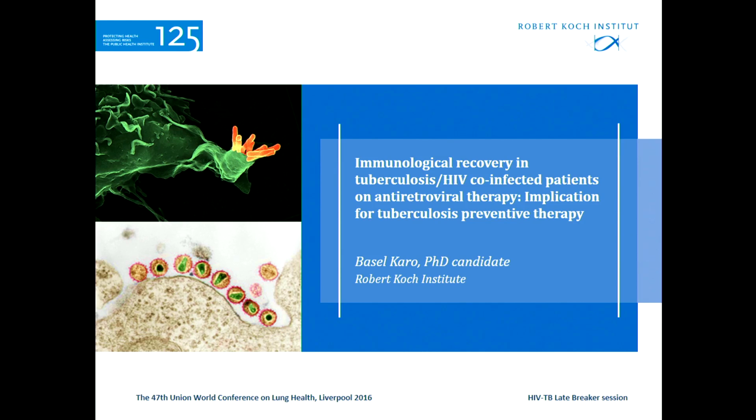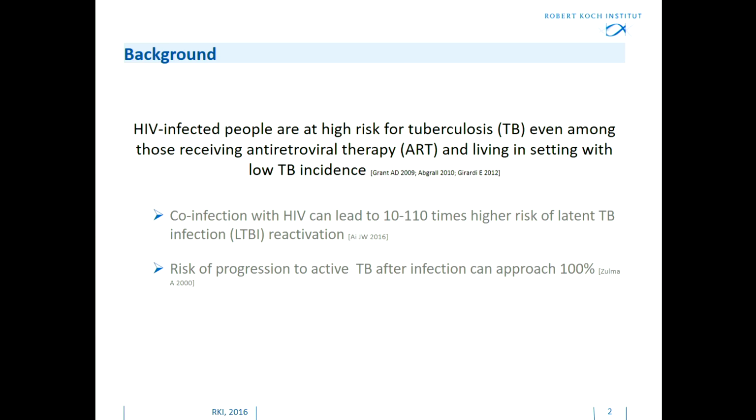Thank you very much. We all know that HIV patients have high risk for tuberculosis, but we need to remind ourselves that this risk includes patients living in high-income countries, not only people from Africa or high-incidence settings. This also applies to patients receiving antiretroviral therapy or living in settings with low TB incidence.